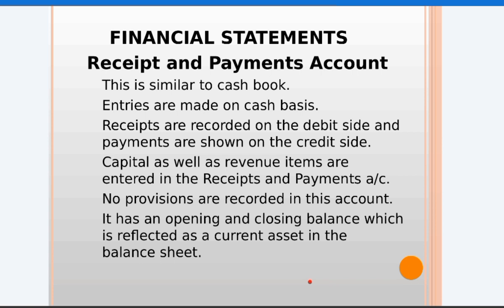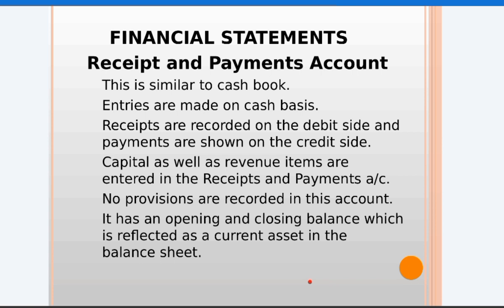This account does not distinguish between revenue items and capital items. So irrespective of whether the cash is received or paid on a revenue item or a capital item, you will still record them. The only thing you look at is whether there has been either receipt of cash or a payment of cash. So there is no distinction between receipts of capital items or receipts of revenue items.